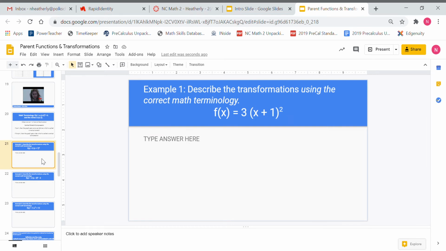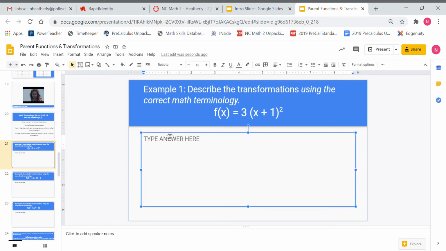If we look at a couple of examples, we're given the equation and we have to write out the transformations, not given the graph, but given the equation, and we're supposed to figure out what the transformations are. Here we've got a 3 in the front, so we know when there's a whole number in front of the function, it's a vertical stretch by a factor of 3.